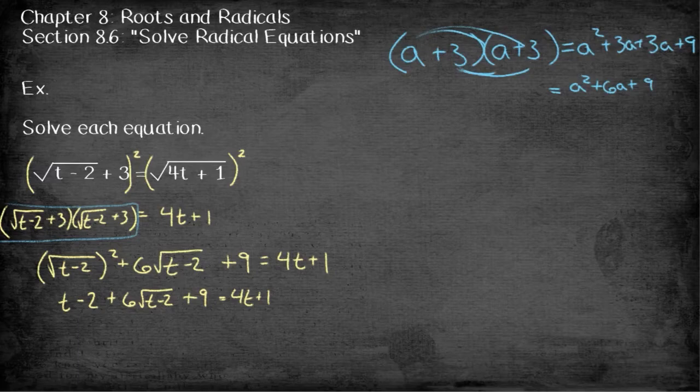Then I'm going to simplify a little bit, so I would have t plus 7 plus 6 times the square root of t minus 2 equals 4t plus 1.